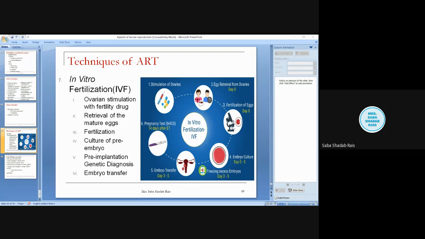Now, this particular thing is not suitable for women who are susceptible to ovarian hyperstimulation syndrome or PCOD, because if they are treated with this ovarian stimulation drug, it can cause various problems. Already in PCOS, we all know very well that they have already stimulated ovaries.